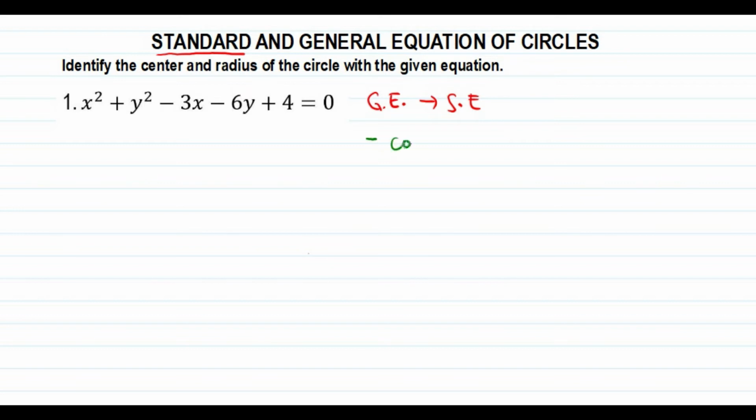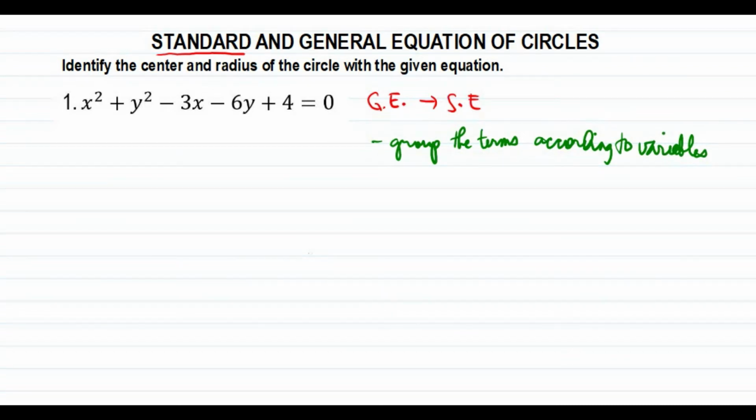Group the terms according to variables. Yan yung first step. Let's have x squared minus 3x kasi pareho sila ng variable.